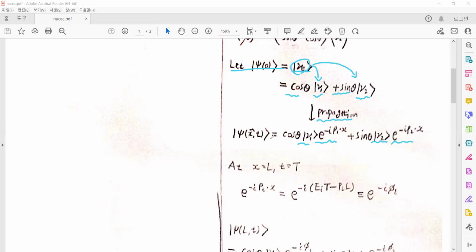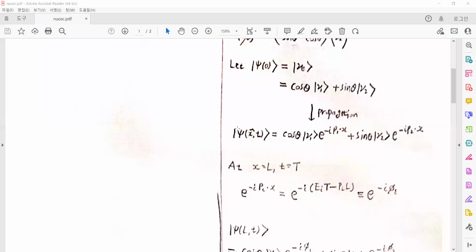So each mass eigenstate acquires a phase during the propagation. At the distance L and the time t, such time evolution factors can be represented like that: energy times time minus momentum times distance, which we can describe simply as phi i.